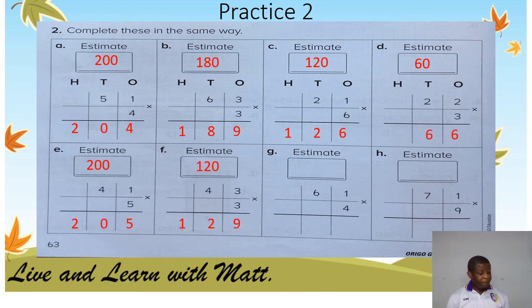Part G. The estimate will be 60 times 4, which is 240. And the exact answer will be 244. Part H. The estimate will be 70 times 9, which is 650. And the exact answer will be 639.